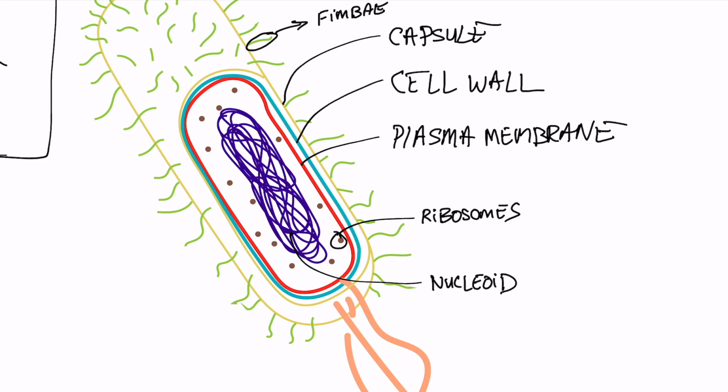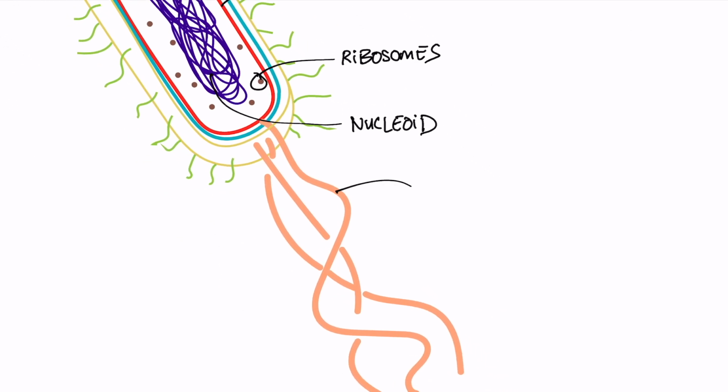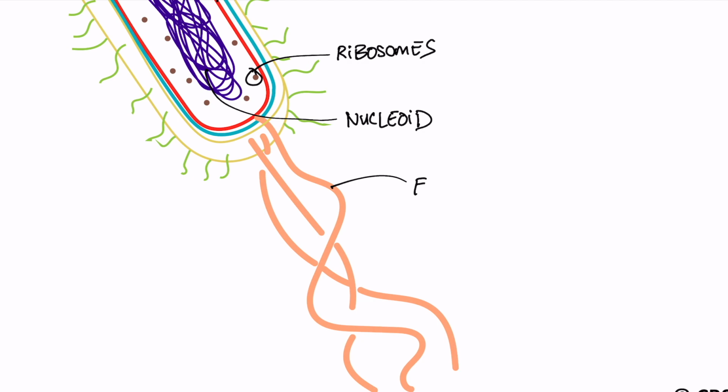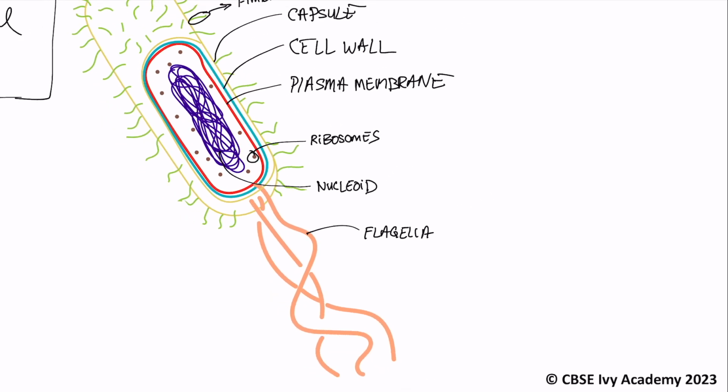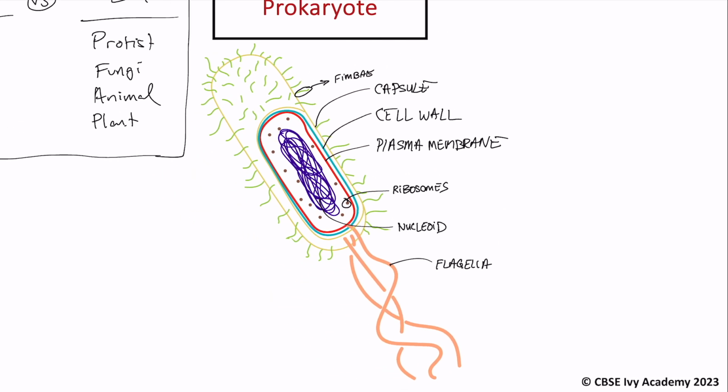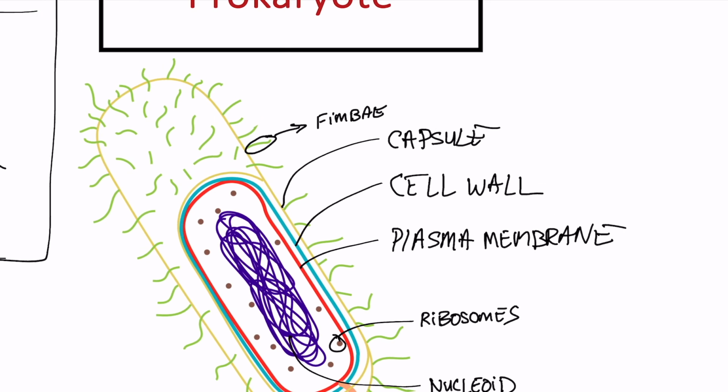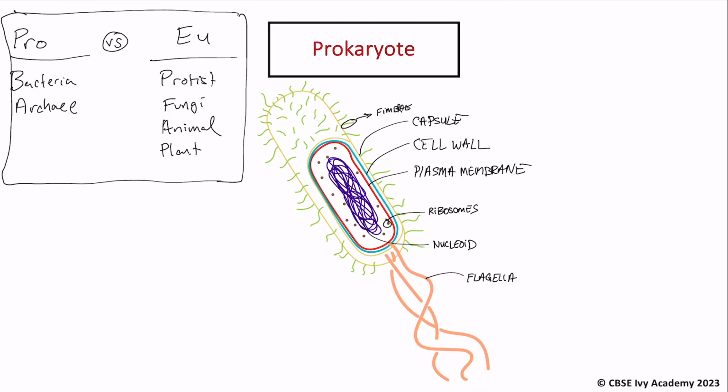And lastly, in orange, we have the flagella, which is made from flagellin and is involved in cell motility. So those are the basic components of the prokaryote.